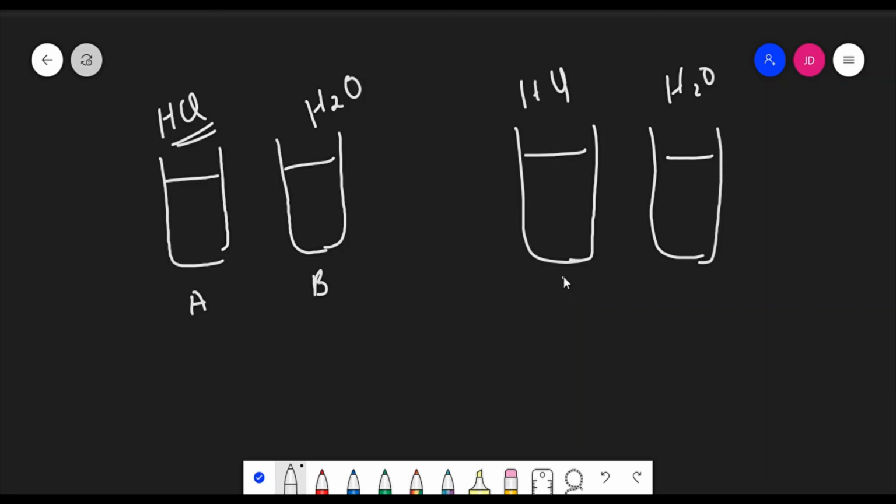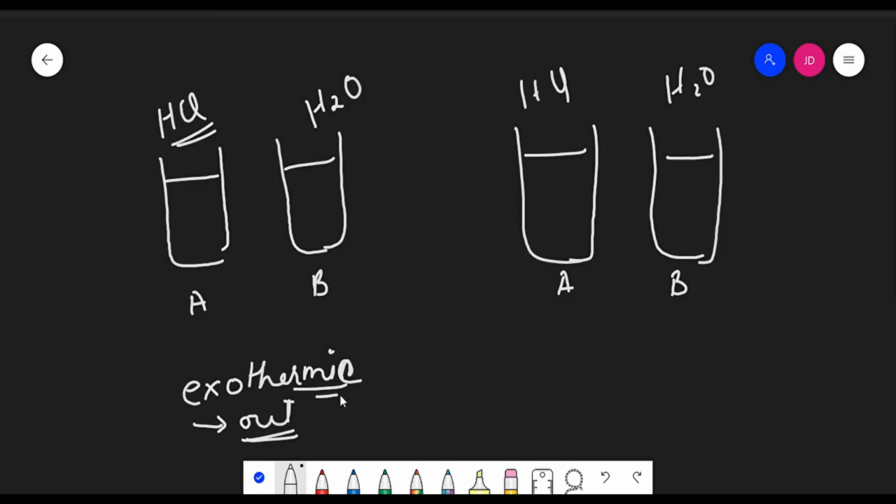Now one thing to remember here is whenever you mix acid and water, the process is highly exothermic. Exo means, I already told you, out. Thermic means temperature. That means it will give out heat, meaning it will become very, very hot.